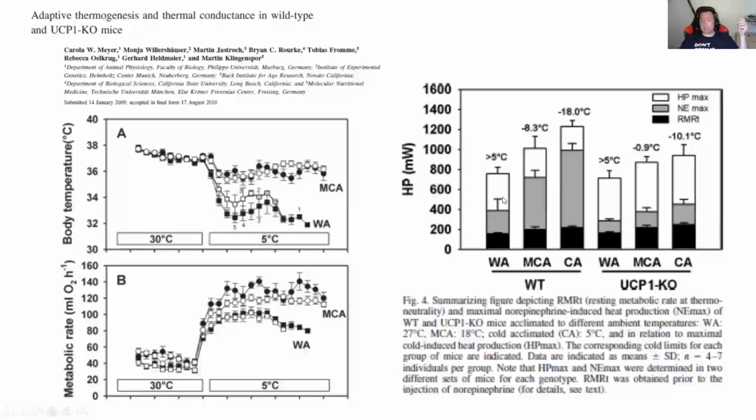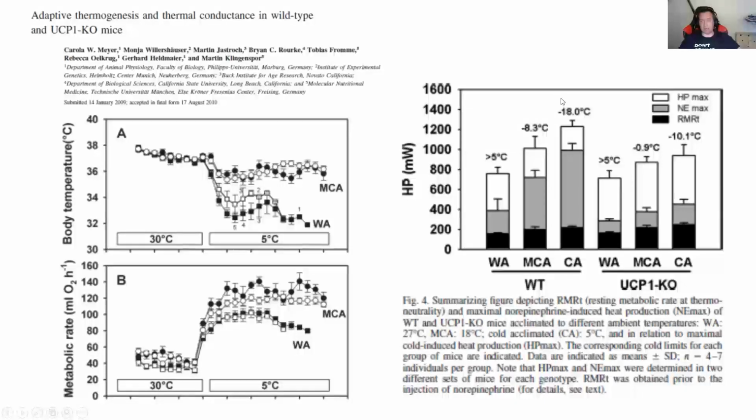What is different is their capacity for heat production. This was a challenge where they tested the maximum power that the mice could put out, the maximum heat production. In wild types, they could reach about 800 milliwatts in warm adapted animals. Cold adapted animals could reach about 1200 milliwatts. UCP1 knockouts, first of all, could not survive at such low temperatures.